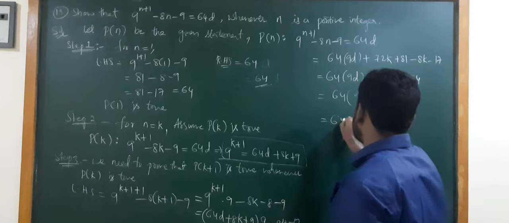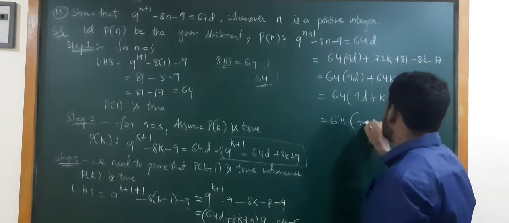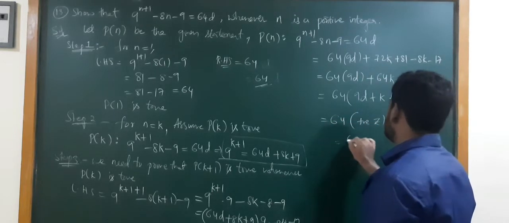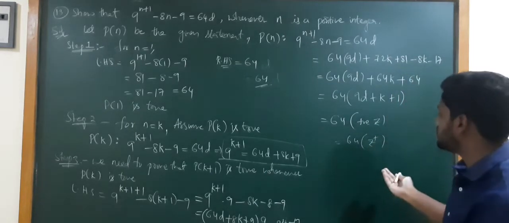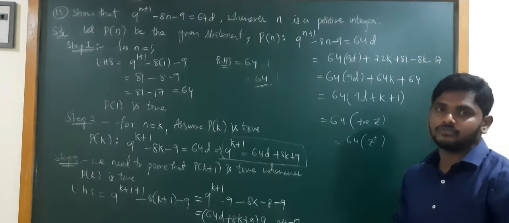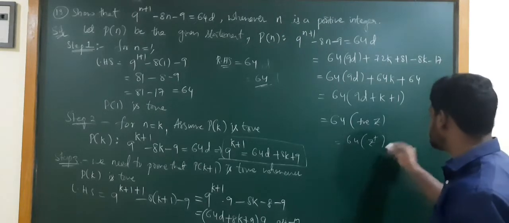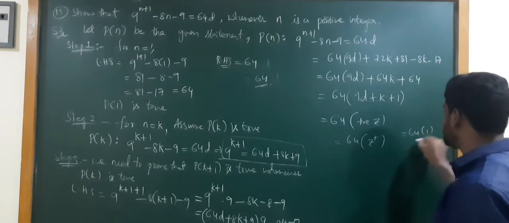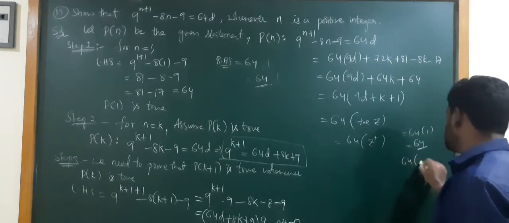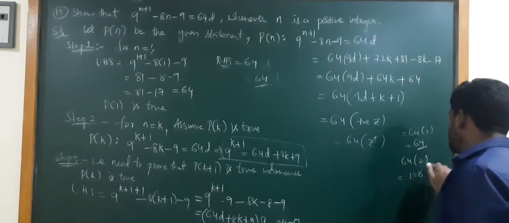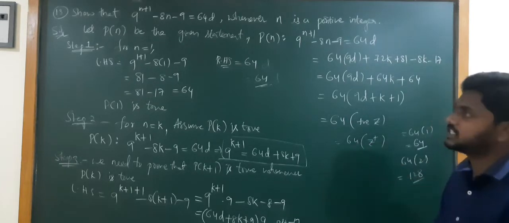So 64 into some z plus is also a multiple of 64, right? For example, if I consider 64 into 1, which is 64, it is a multiple of 64. Next, 64 into 2, which is 128, is also a multiple of 64.